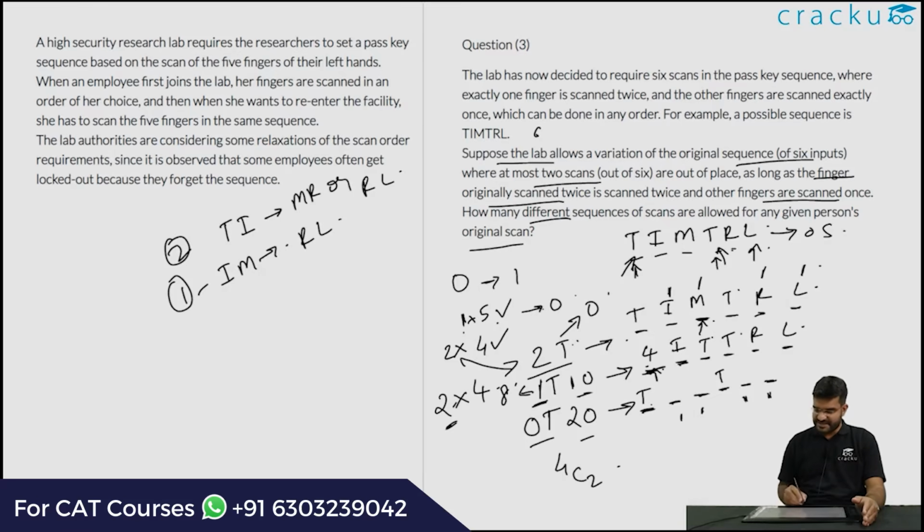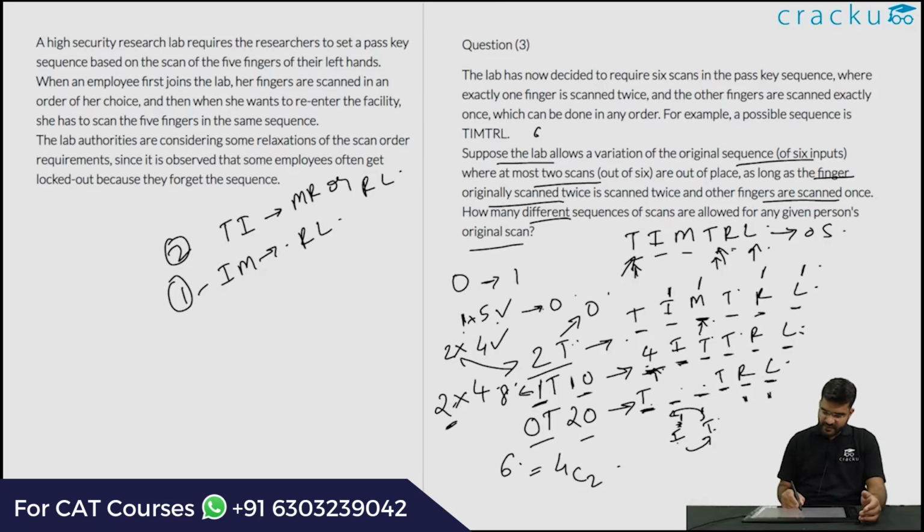Again, for ease of understanding, let us assume that we selected I and T to be out of place and R and L to be in place. So once we selected that R and L have to be in place, we'll fill them up. Now we know that I and T have to be out of place. The only way that is possible, again, because there are only 2 blanks left, is if they interchange their positions. So once we selected which 2 fingers have to be out of place, there is only one way in which we can fill them up. So this can be done in 4C2 ways, which is 6.